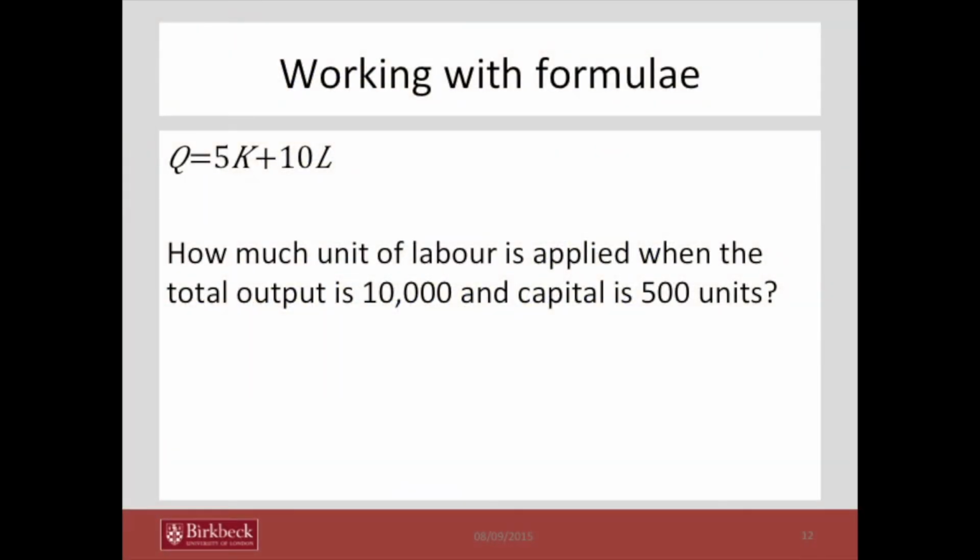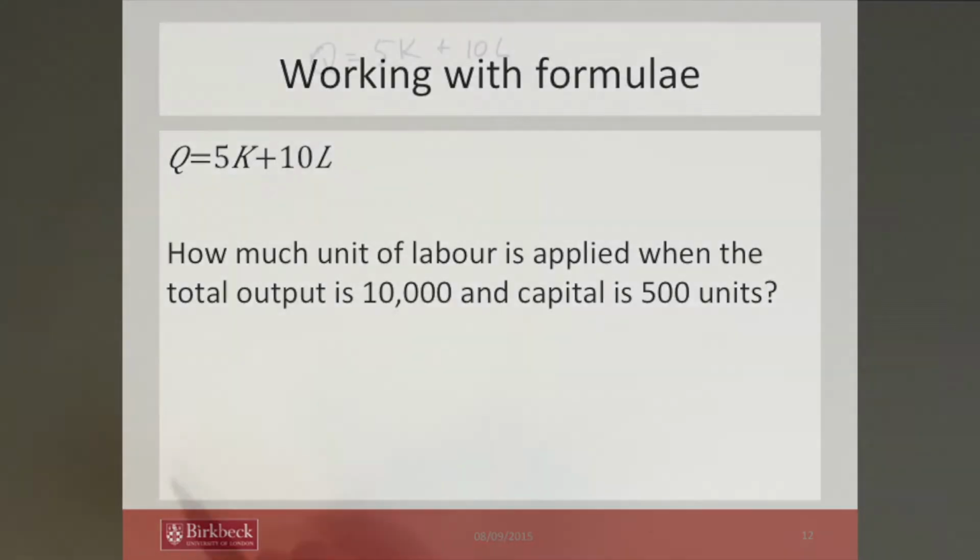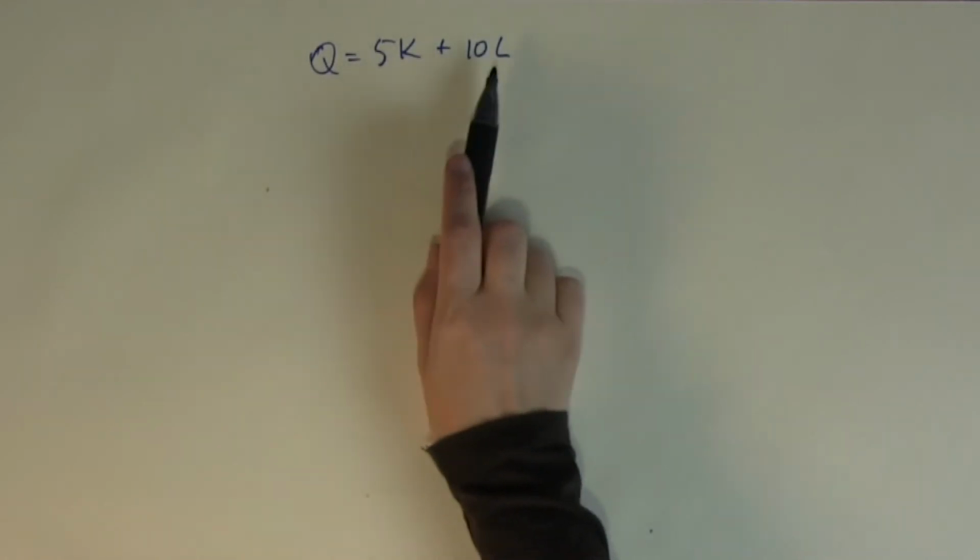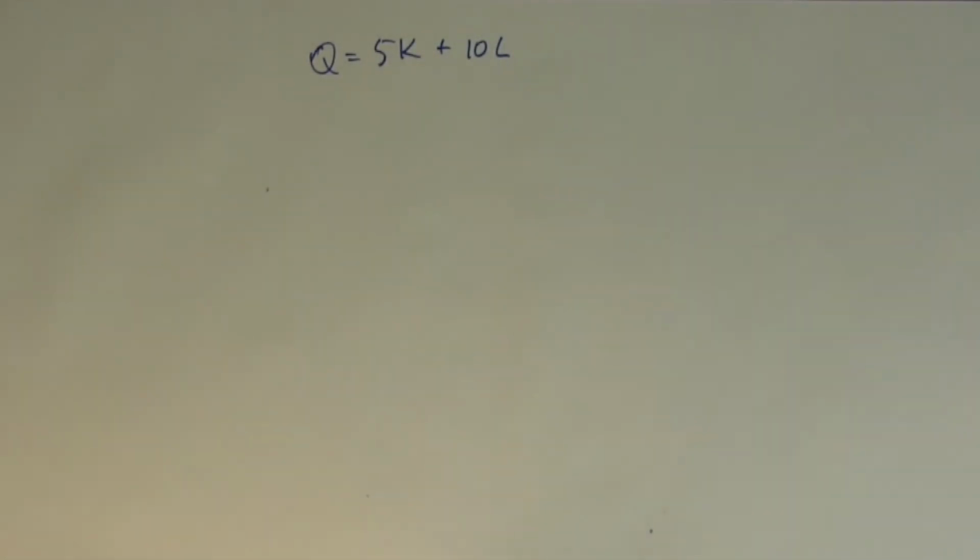Let's look at some more formula examples. Now I have got a different demand function, Q equals 5K plus 10L. So this particular demand function depends on both capital and labor. And the question here is how many units of labor are applied when the total output is 10,000 and capital is 500 units.